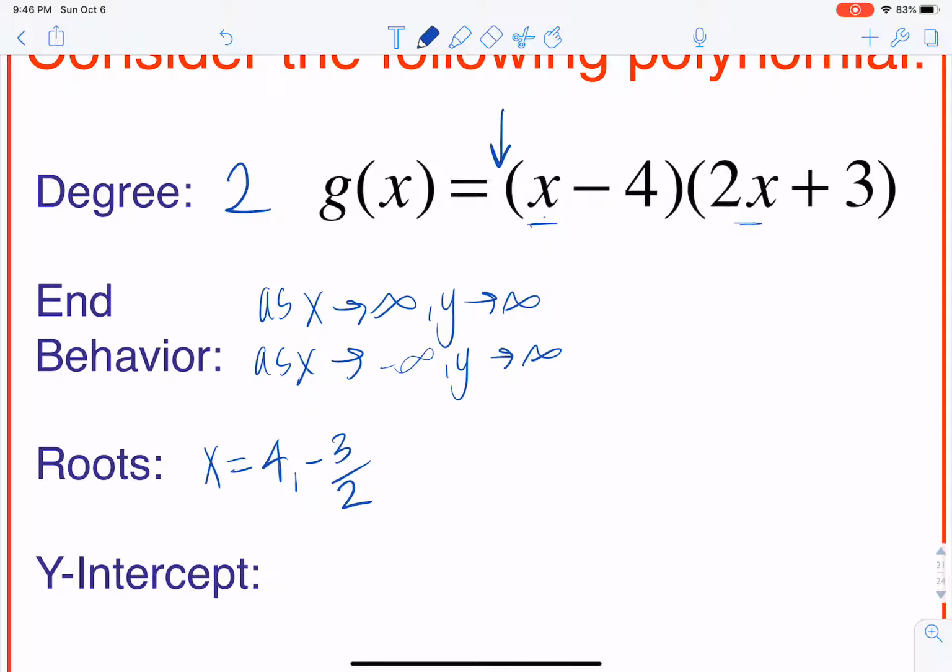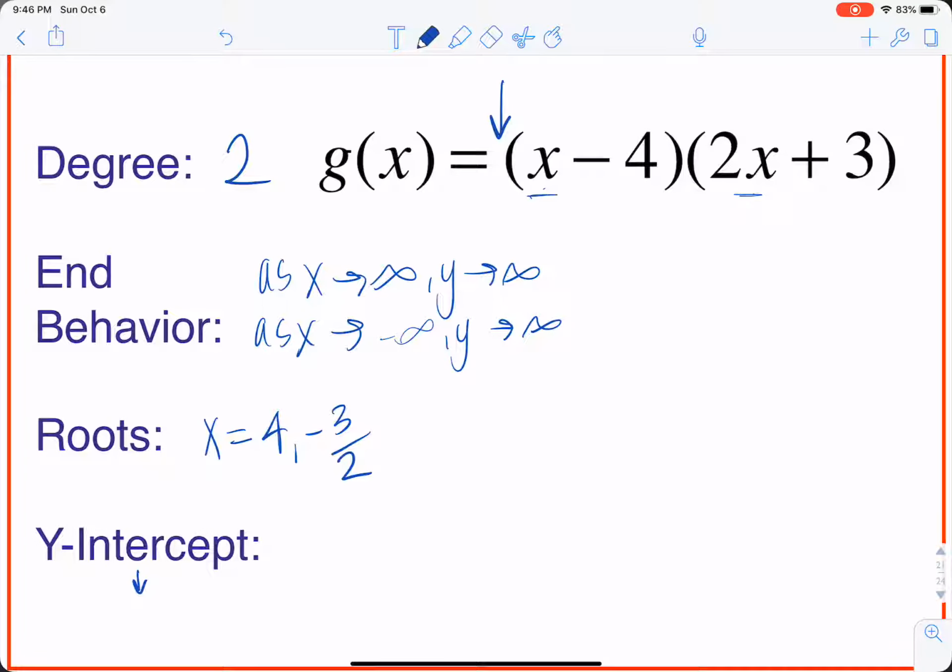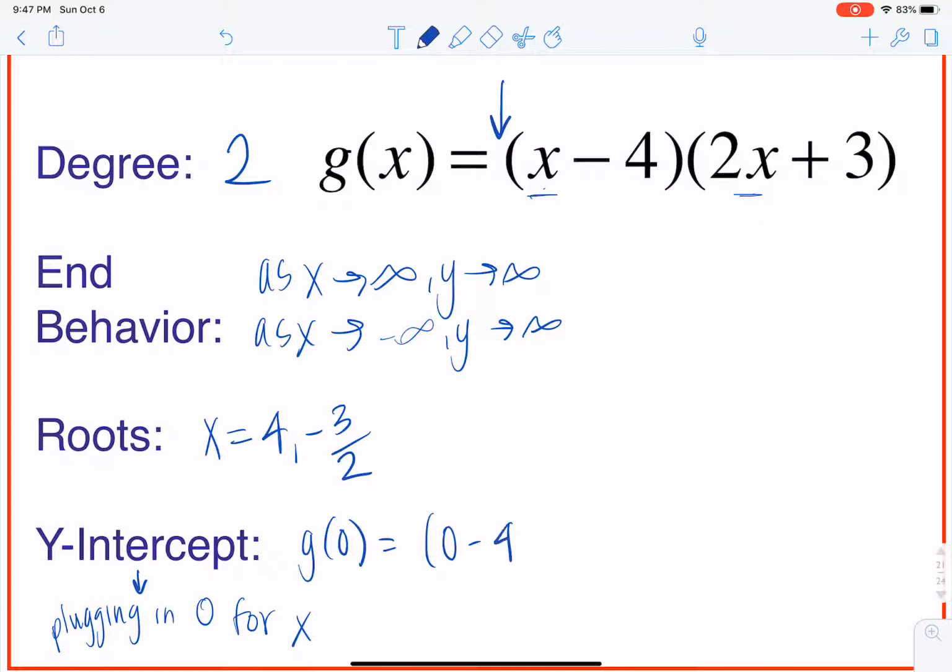My y-intercept, I can always figure out the y-intercept of any polynomial by plugging in 0 for x. So g of 0 is 0 minus 4 times 2 times 0 plus 3.